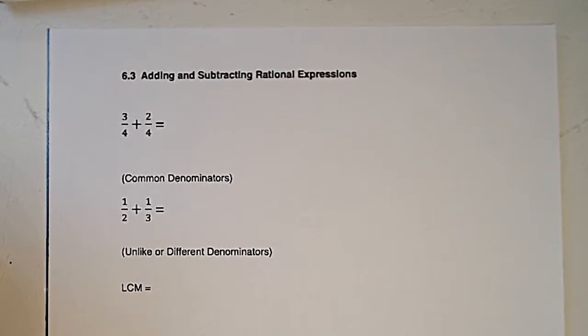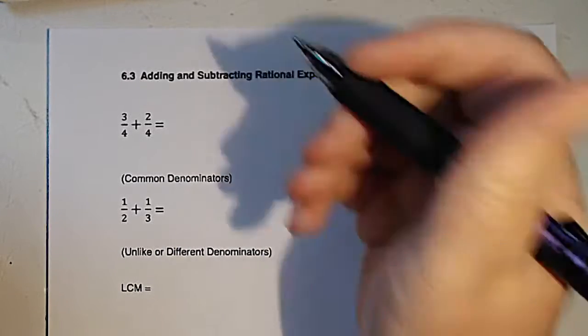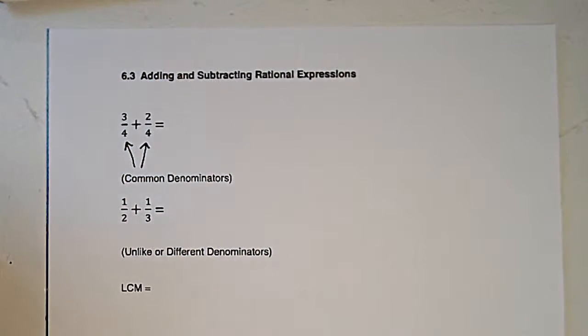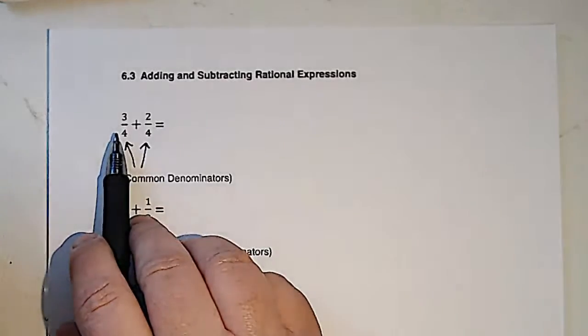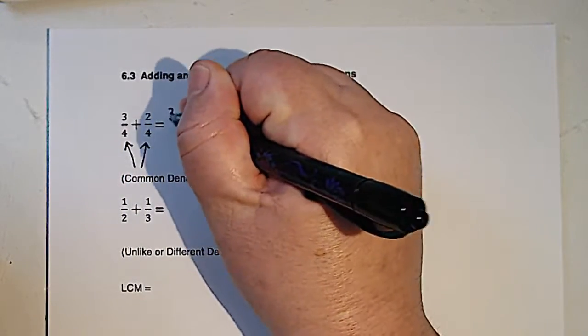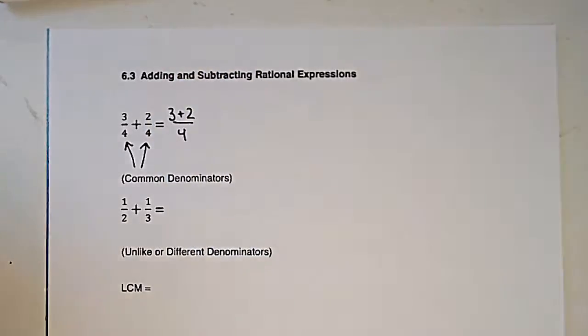Okay, it's actually not that bad, especially if, when you're asked to do something with fractions, the denominators, or the pants, as we're going to call them later, of the fraction match. If I have 3/4 plus 2/4, that's equal to 3 plus 2 over 4.